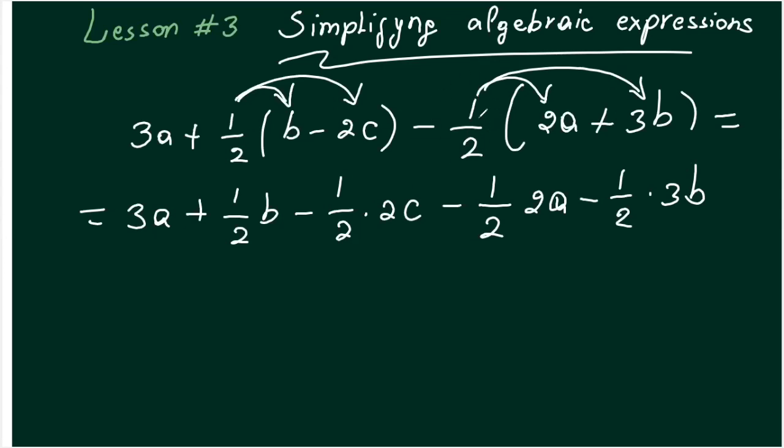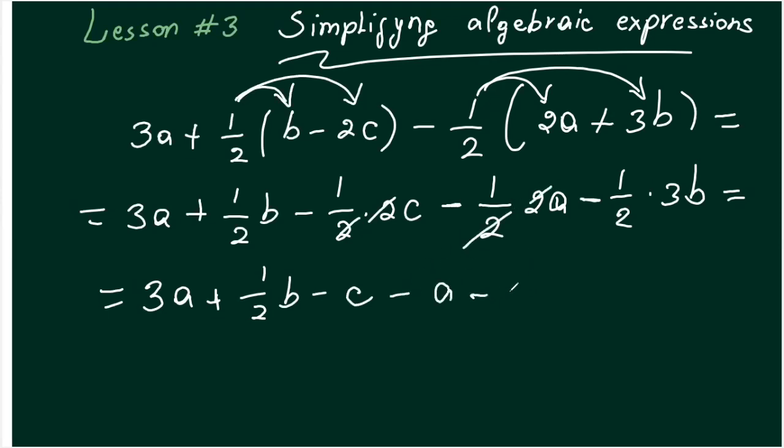So I write negative here. So let's simplify this one: 3 times a plus 1/2 times b minus c minus a minus 3 divided by 2 multiplied by b.